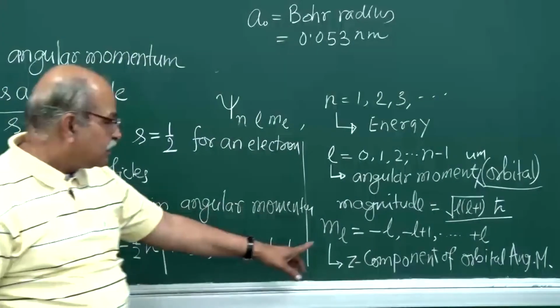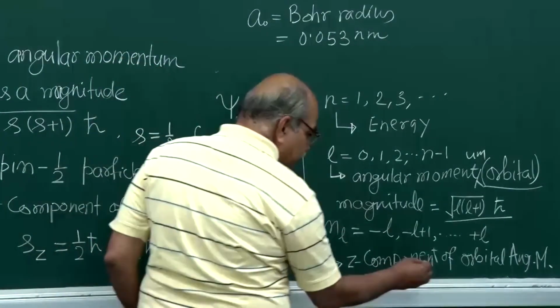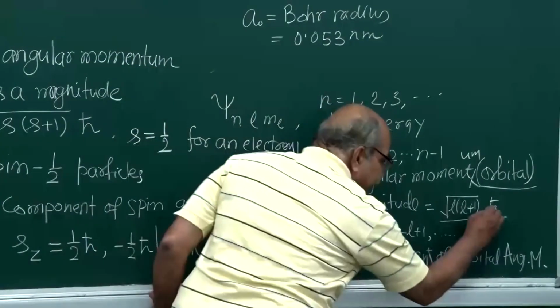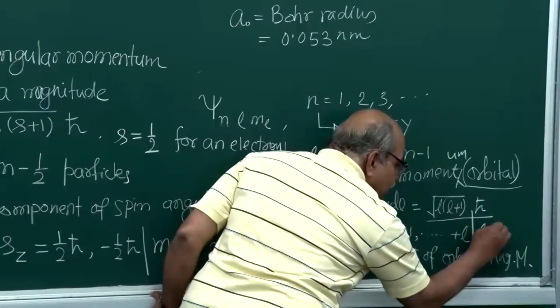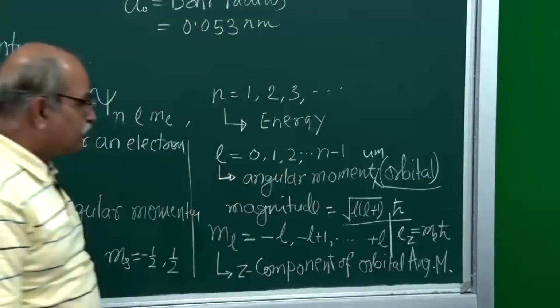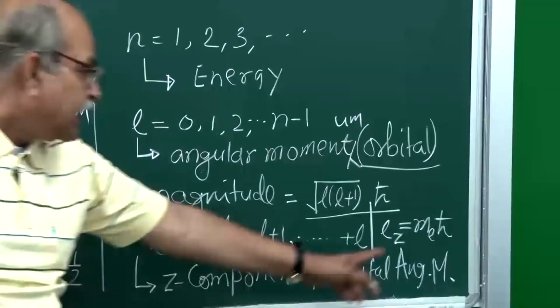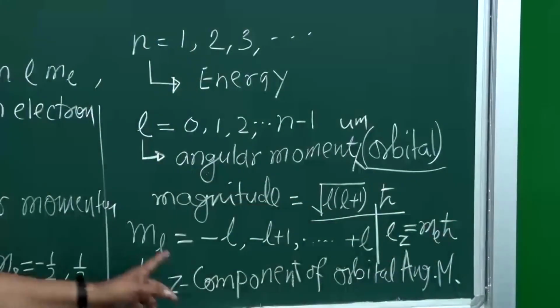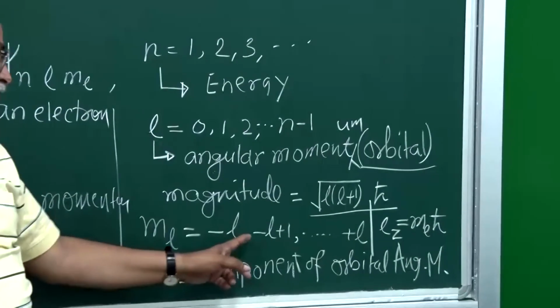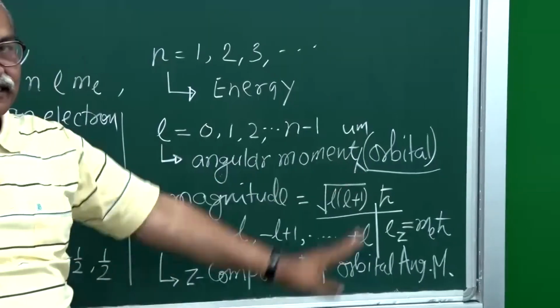The z component of orbital angular momentum, that also I could have written, is Lz equal to ml times h cross, and that ml can take values from minus L to plus L in steps of 1.